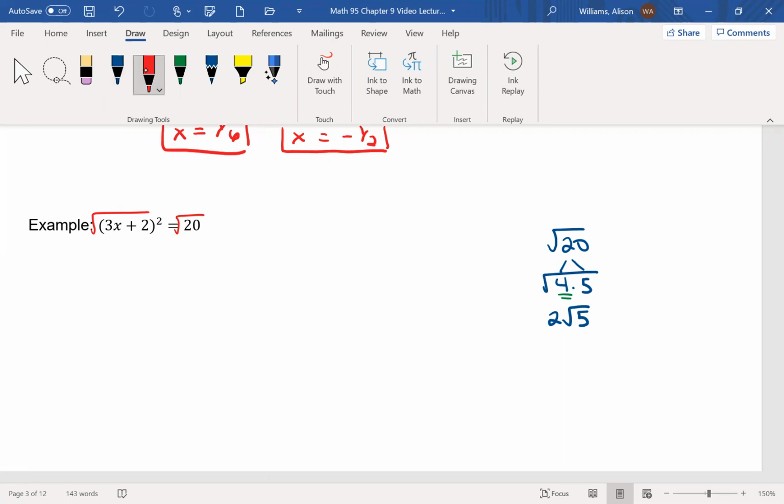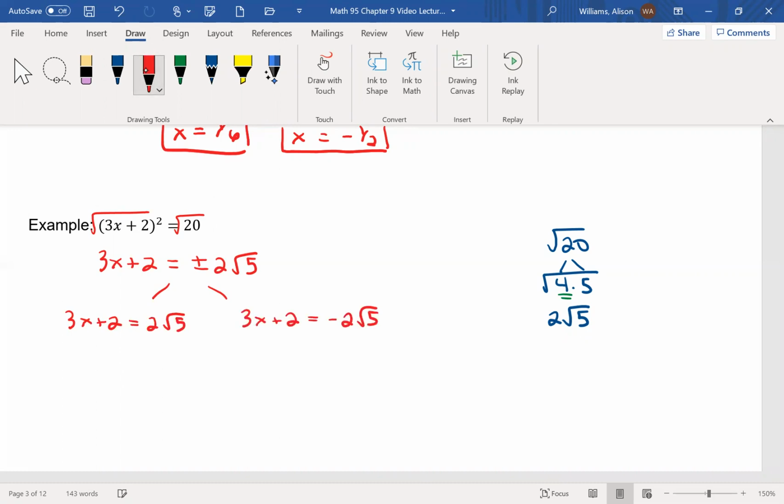So I'm going to come back over to my problem here, and when I take the square root of the left side, I get 3x plus 2, but on the right side, I get plus or minus 2 radical 5. So on this one, if I break it up into the two equations, and I try to solve for x, we're not going to actually be able to do all that much simplifying.